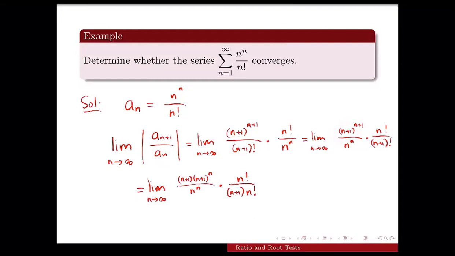Recall your n factorial is n times n minus 1 times n minus 2, etc., times 2 times 1. But this is also n times n minus 1 factorial. So if you move to n plus 1 factorial, this will become n plus 1 times n factorial. You will end up with this.